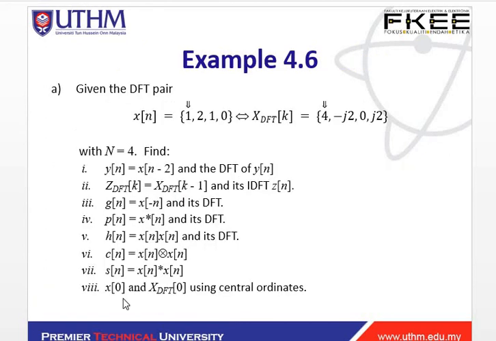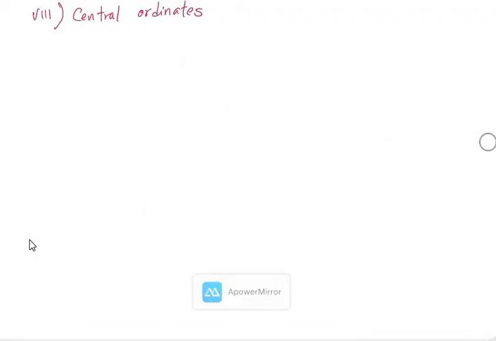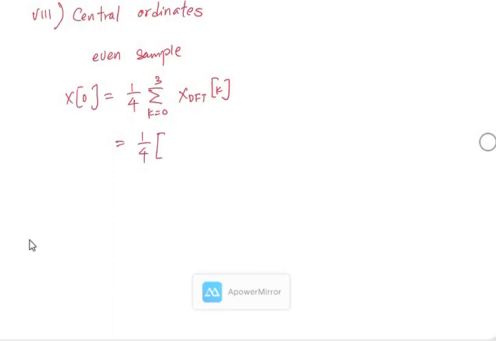The last one is the x0 and XDFT 0 using the central ordinates. On using the central ordinates, make sure it's only for even samples. So x0 equals 1 over 4. This is the formula for the central ordinates: the summation for k equal to 0 up to 3 of XDFT k. So you sum up the XDFT: 4, plus minus j2, plus 0, plus 2j.